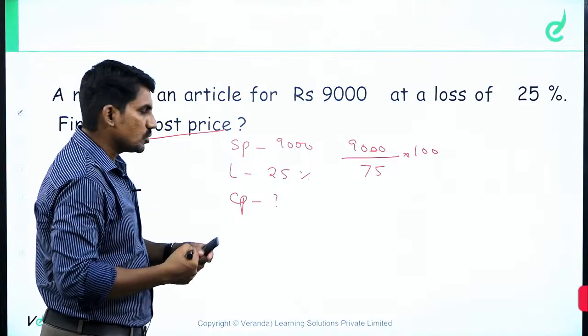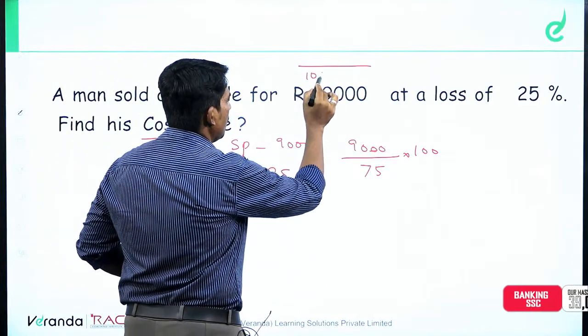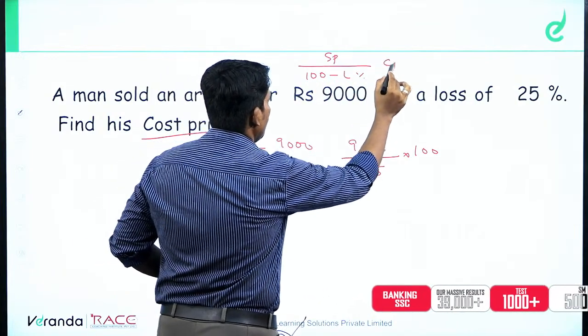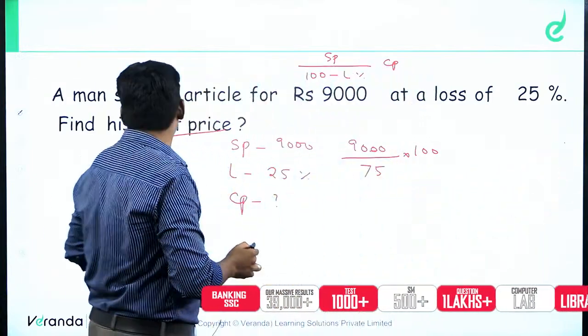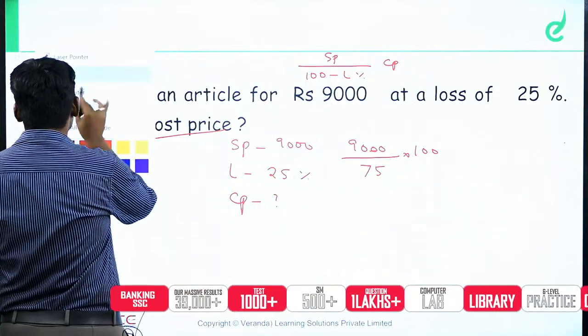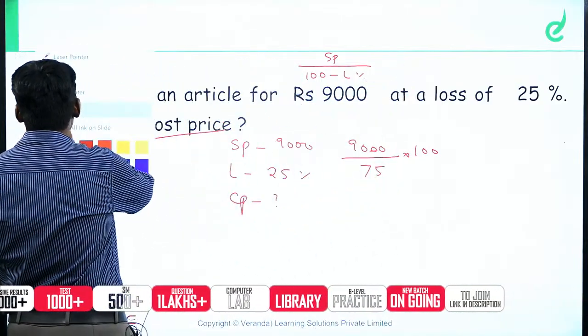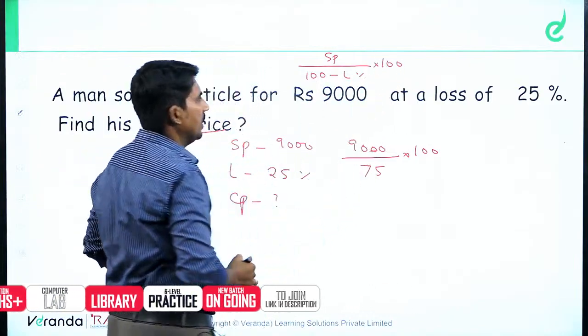Those who didn't understand, I will write the formula. 100 minus loss percentage is actually the selling price. What is 100? We will get the cost price, into 100 we will get the CP.